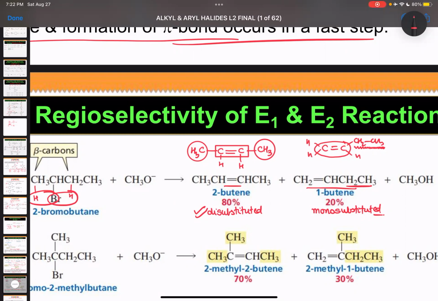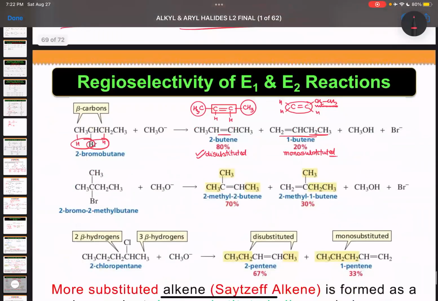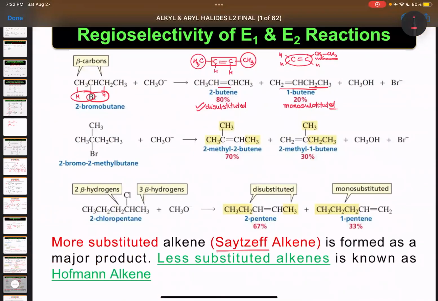One will be the main alkene which is more branched, and that alkene is known as the Saytzeff alkene. Saytzeff and Hofmann. The Saytzeff alkene is the more branched alkene which has more alkyl groups connected to the doubly bonded carbon atoms, and it is formed as the major product for the elimination reaction.